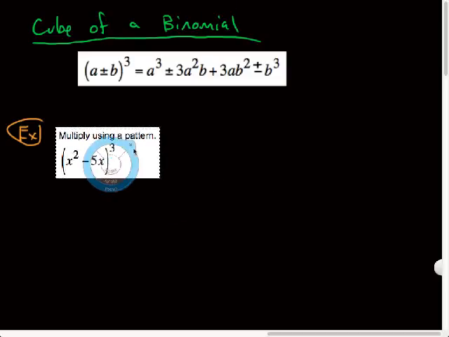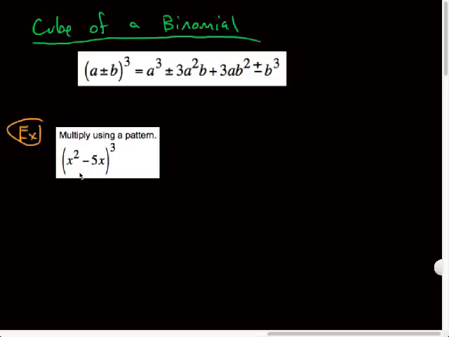To point out Emily's comment from earlier, I could write this as x squared minus 5x times another x squared minus 5x times another x squared minus 5x and multiply that all out. But it says using a pattern, and on a quiz, if I tell you to use one of the special patterns and you don't, I wouldn't give you any credit. Ouch. So just be aware of that.